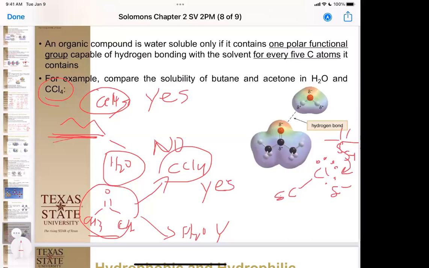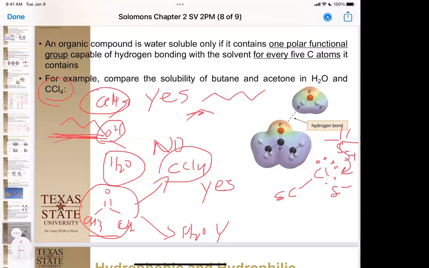What we can also say is that by adding an OH to this group here, will it now dissolve in water? Yes, because now it has a polar group. The rule of thumb is that if you have a polar group like water or a carbonyl compound, you can typically pull about 5 non-polar carbons into a polar solvent. So this will probably dissolve in there.